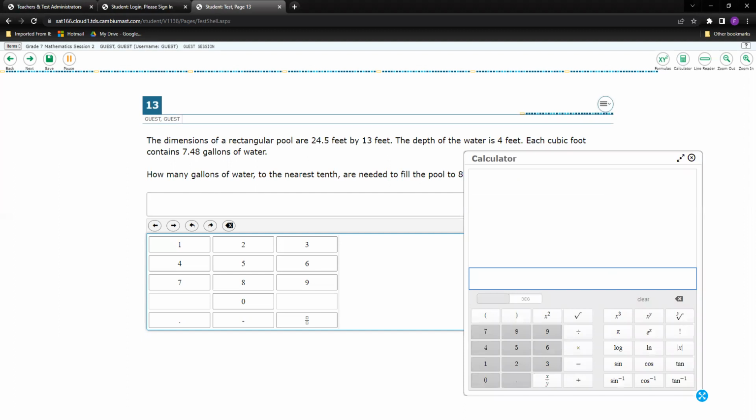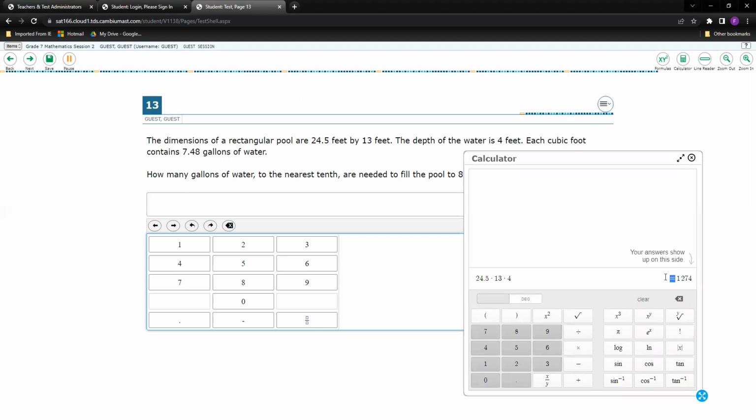Let's multiply the 3 dimensions at 100%. That would give us 24.5 times 13 times 4. That's 1,274 cubic feet.